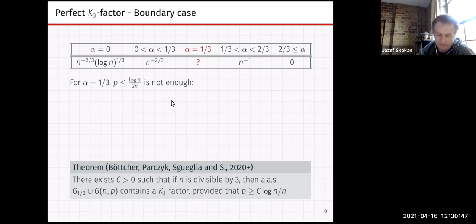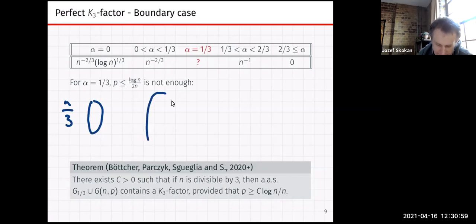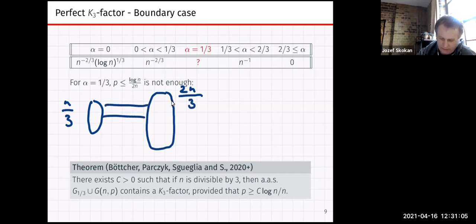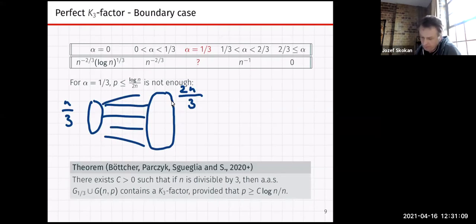Well, it will be boring because again you take a suitably chosen bipartite graph. You take a bipartite graph where one set has size n over 3, the other set has size 2n over 3, and you take all edges in between them.